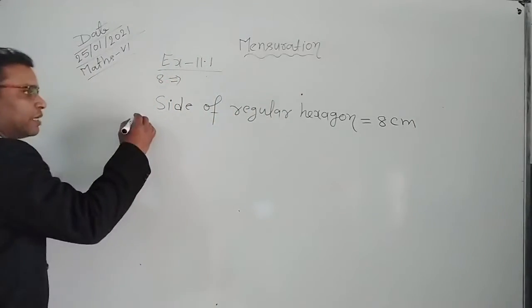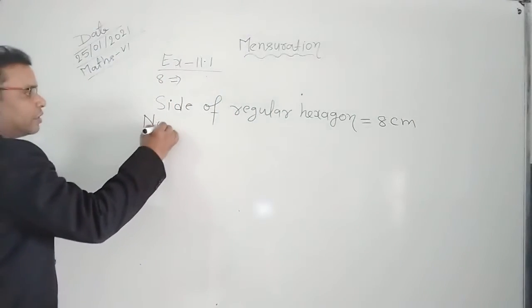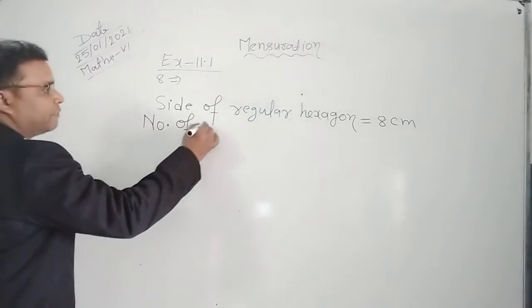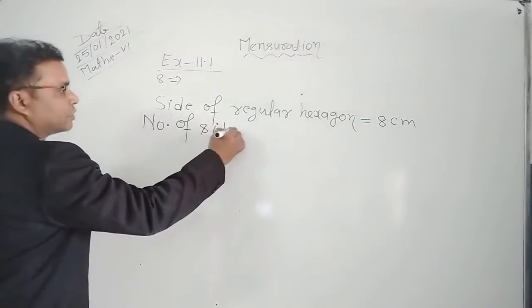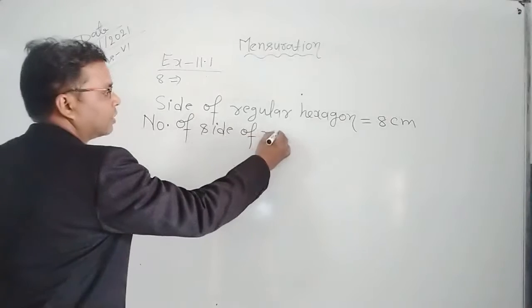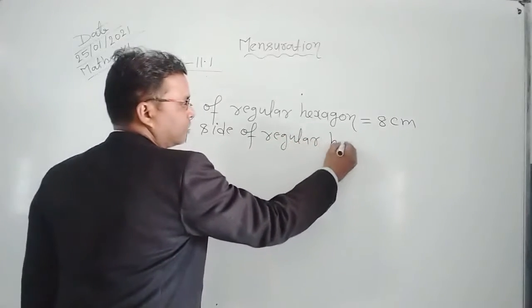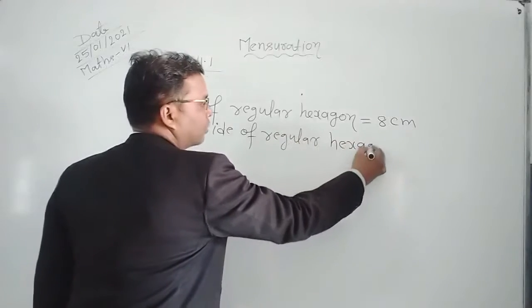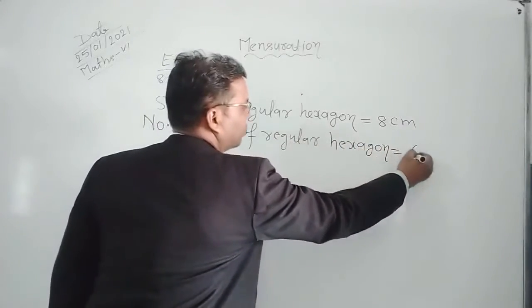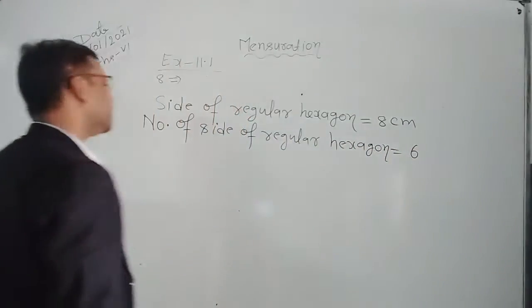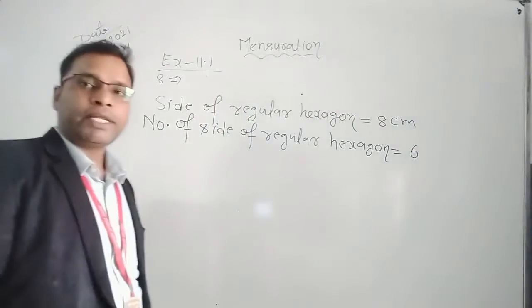Number of sides of regular hexagon, this is equal to 6. So perimeter of a regular hexagon is equal to what?